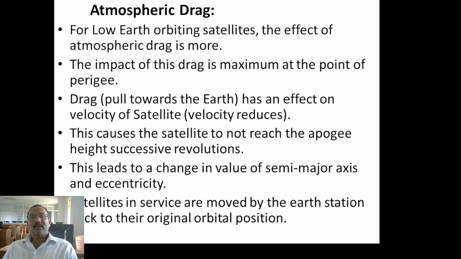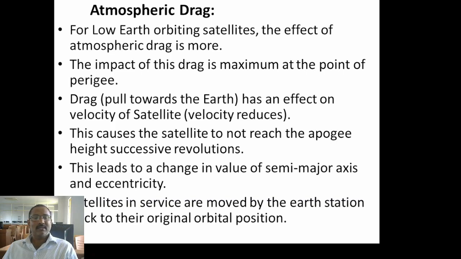So this causes the satellite to not reach the apogee height in successive revolutions. The influence of atmospheric drag will pull the satellite from the actual apogee height. This leads to a change in the value of the semi-major axis and eccentricity. Actually, satellites in service are moved by the Earth stations.